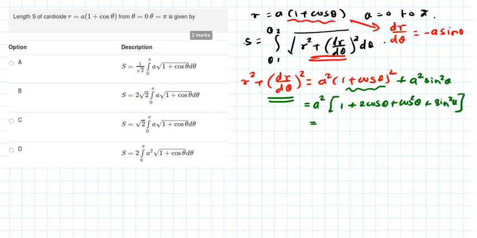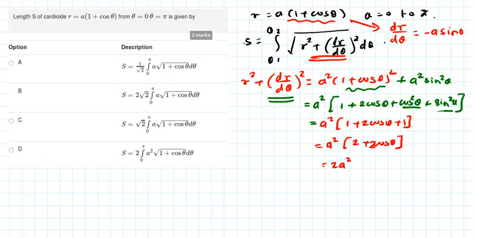If you observe here again, cos square theta plus sin square theta will be 1. So what we get is a square into 1 plus 2 cos theta plus 1, which is a square into 2 plus 2 cos theta, which is 2a square into 1 plus cos theta. So we got the value for r square plus dr by d theta whole square, which is 2a square into 1 plus cos theta.